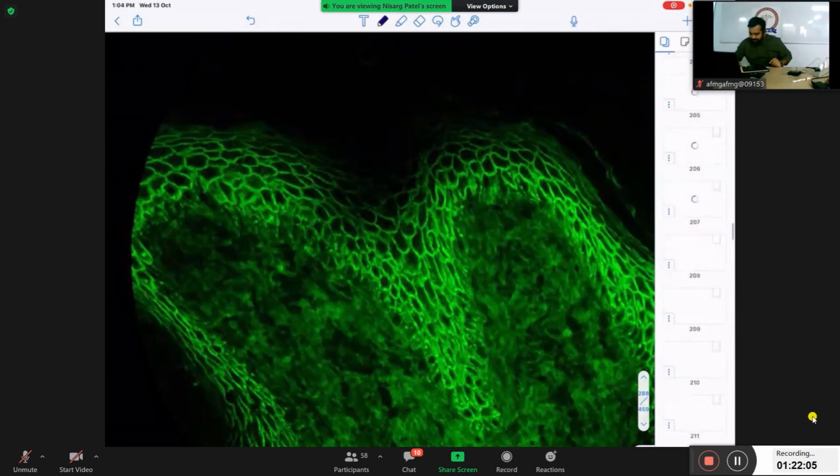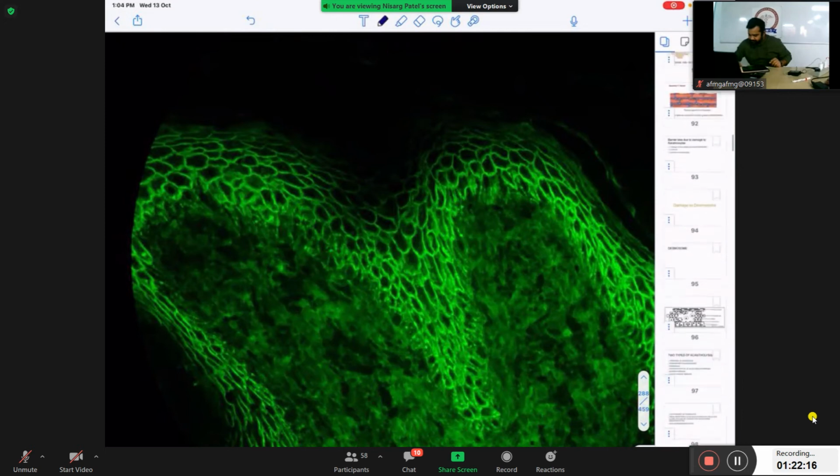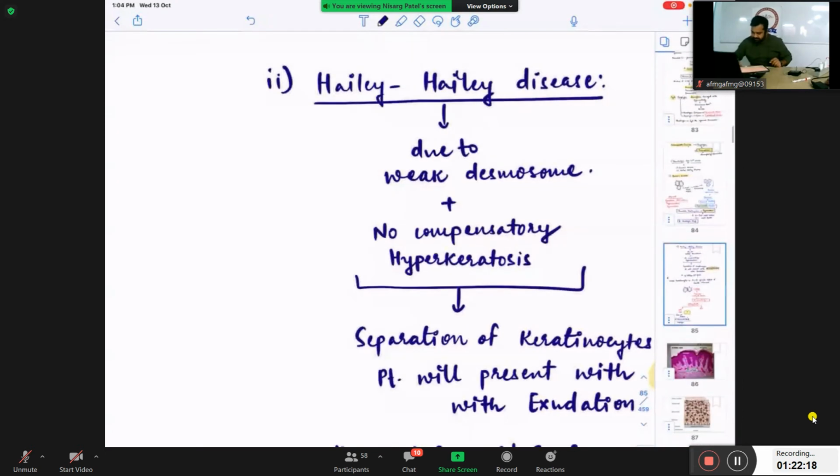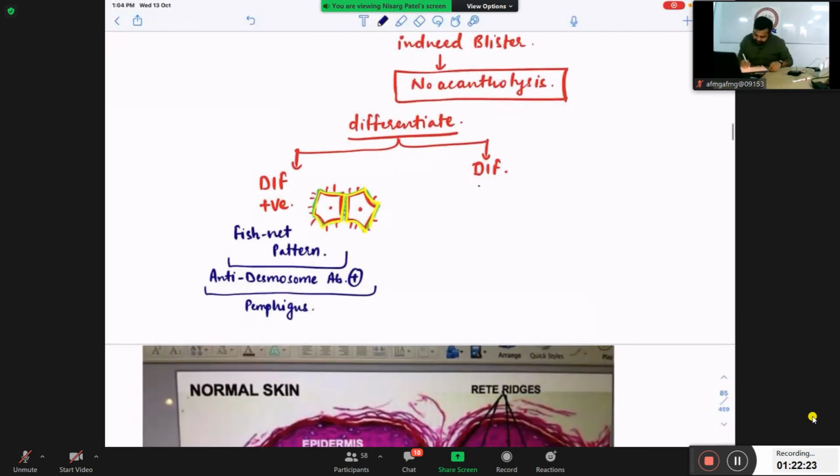But what I'm trying to say here, if my direct immunofluorescence is negative, then I have a weak keratin filament. The reason for the rupture of my keratinocyte is a weak keratin filament.